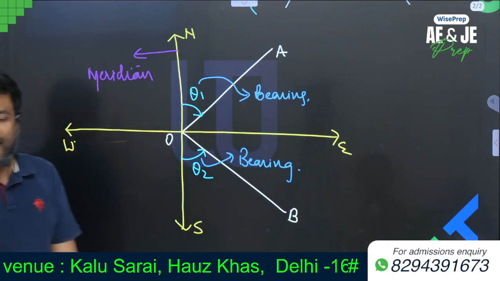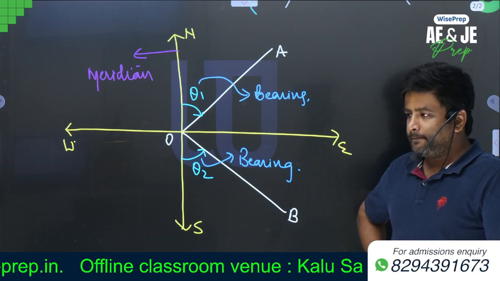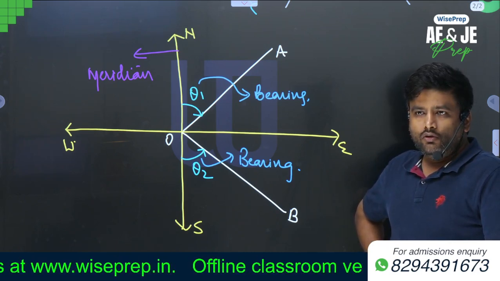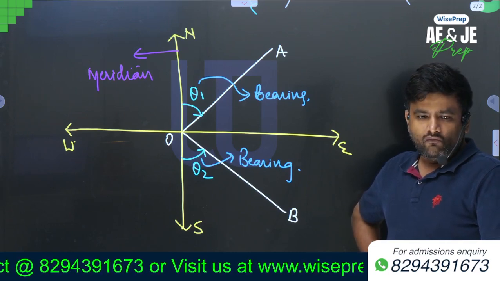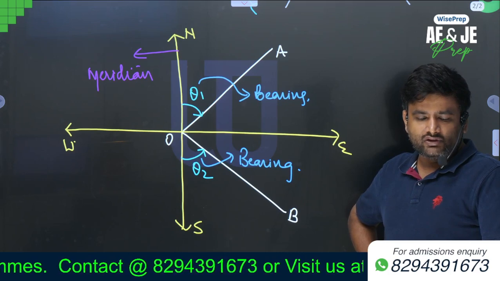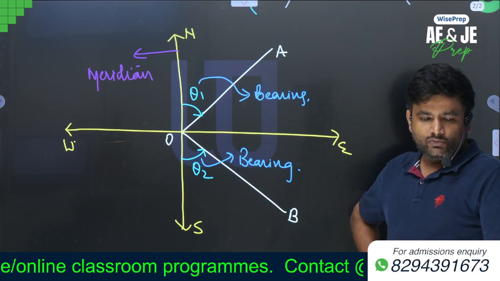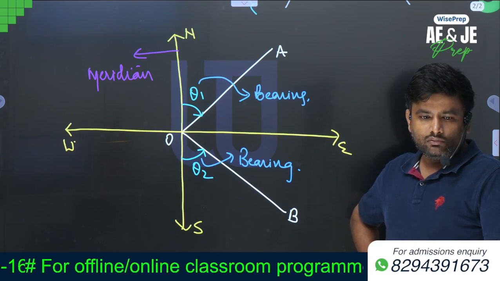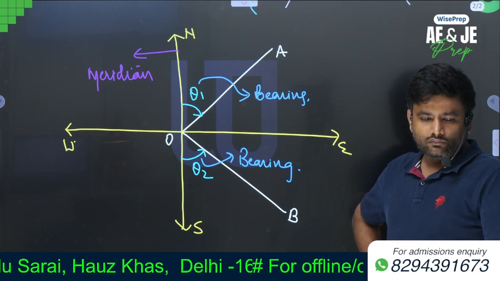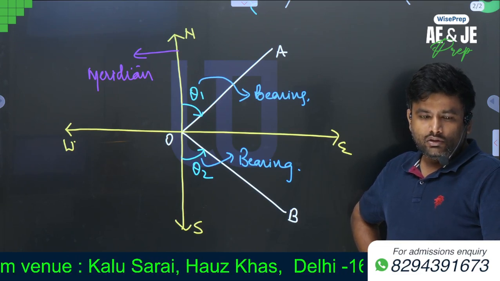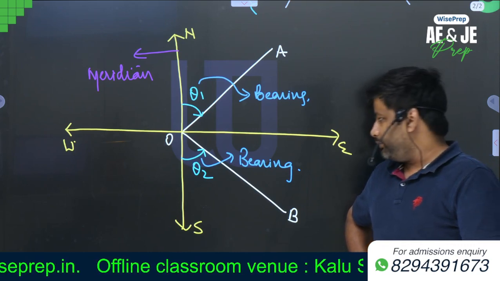All right. So write down, whenever the direction of any line is defined with respect to the given meridian, then it gives the bearing of that line. Underline the term bearing.